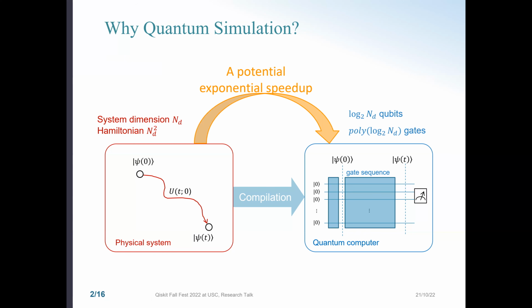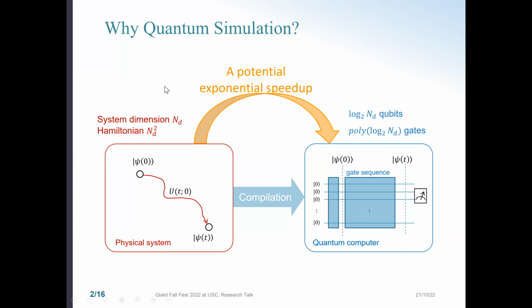And more than that, we are doing the exponential of the Hamiltonian. If we encode this on a quantum computer, then the number of qubits we need is log of N_D, and the number of gates ideally should be polynomial in size. So there is an exponential speedup. That's one big reason why we try to do quantum simulation on a quantum computer.